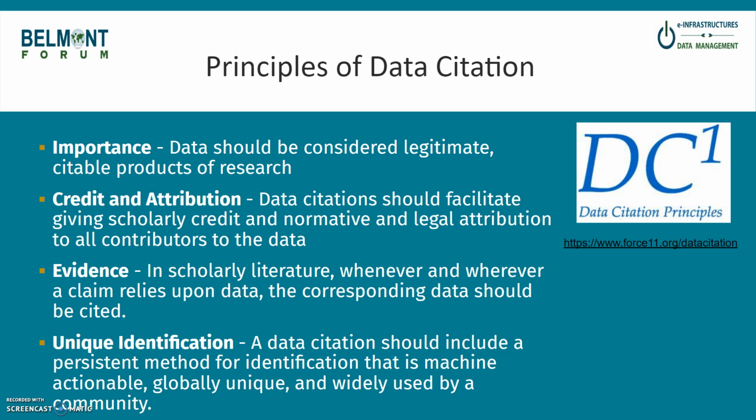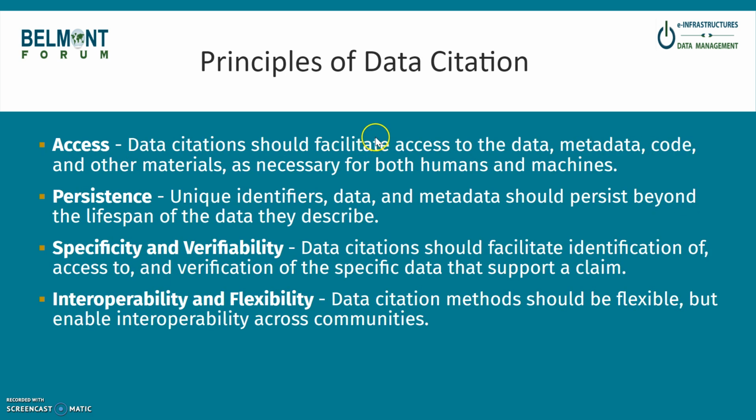Unique identification. A data citation should include a persistent method for identification that is machine actionable, globally unique, and widely used by a community. Access is another principle of data citation. Data citation should facilitate access to the data, make it discoverable, and have the metadata, the code, and other materials as necessary for both humans and machines to reuse data.